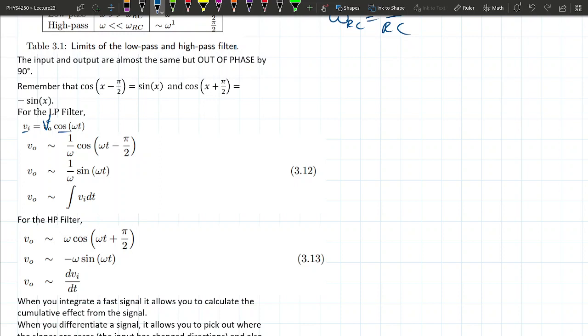Once we change it into sine functions, the input and the output are related by the fact that if you integrate cosine, you end up with a sine function. So essentially, when you put a low pass filter on something, you are integrating the input function. It's a neat thing you can do with these circuits.